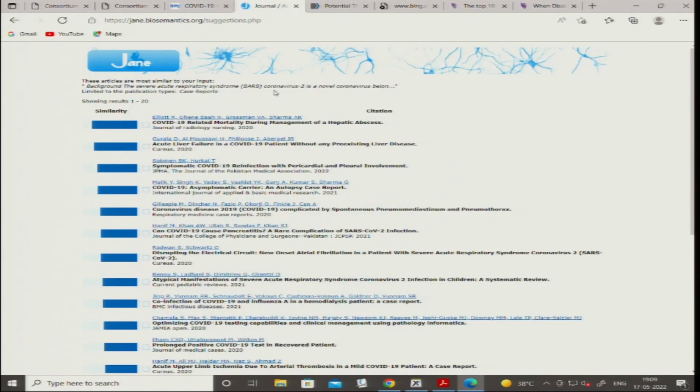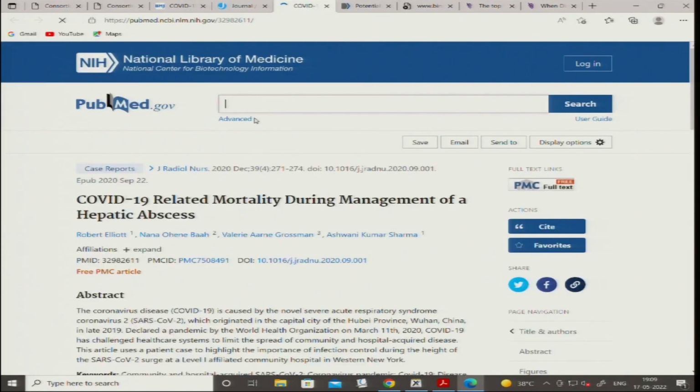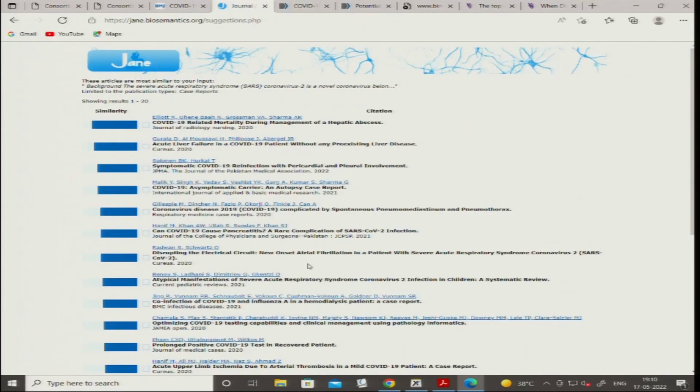See, here the case reports are given. Even you can check citations also. COVID-19 related mortality during management of a hepatic abscess. So look, there are hospital management case studies available for you.